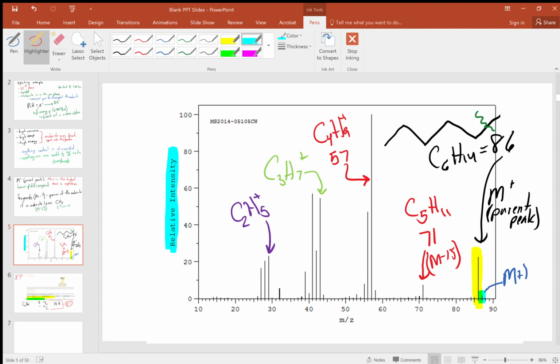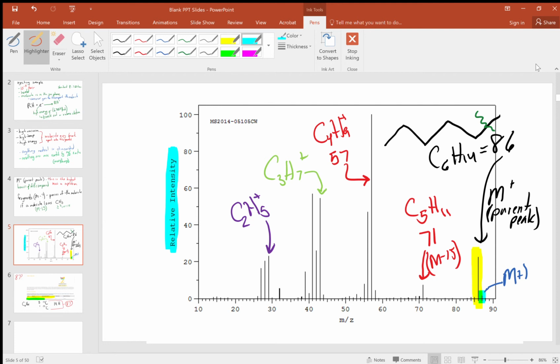So we were able to identify about a half dozen peaks in this spectrum. But there's a lot more. What are all of these other peaks? Well, that's one of the things about mass spec sometimes.